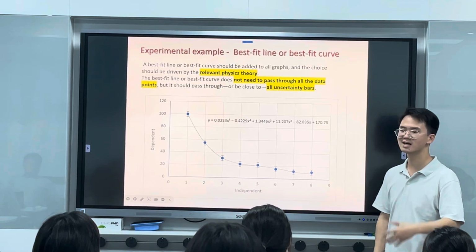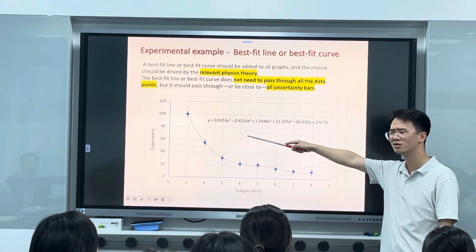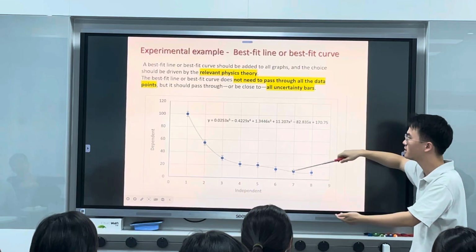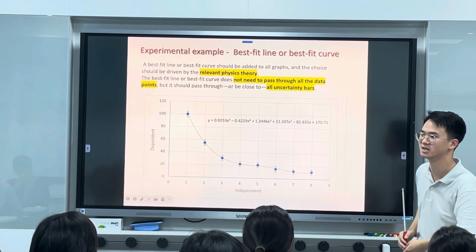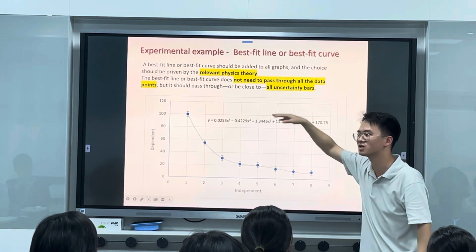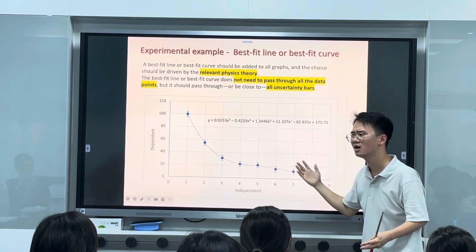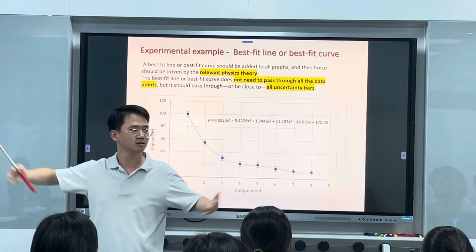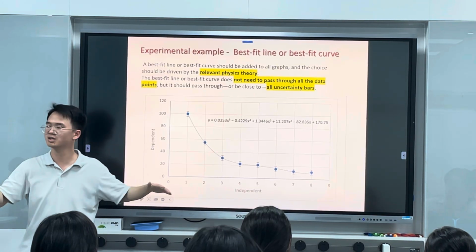So, as you know, in math, the polynomial, is that how you call it? The polynomial term, the more terms you add into it, the more precisely it can fit certain data points. You can always construct a function that can pass through certain data points. But does physics work like that? No. We need to have a general theory that applies to all situations, or at least, under some conditions, all situations.